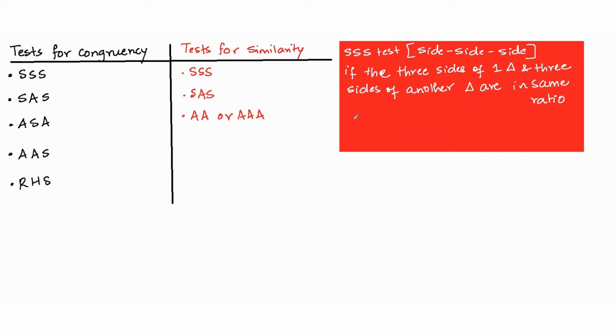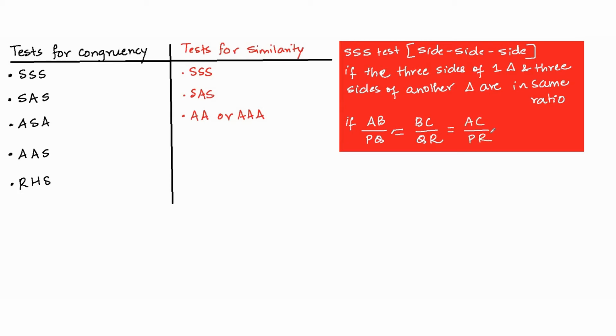So let me explain this. If AB divided by PQ is equal to BC divided by QR is equal to AC divided by PR.